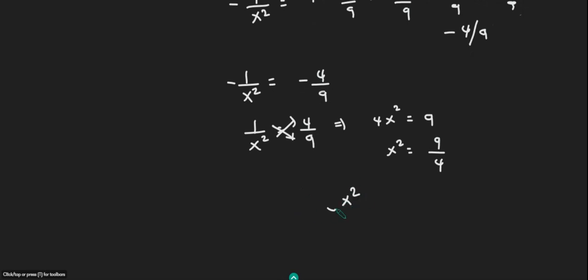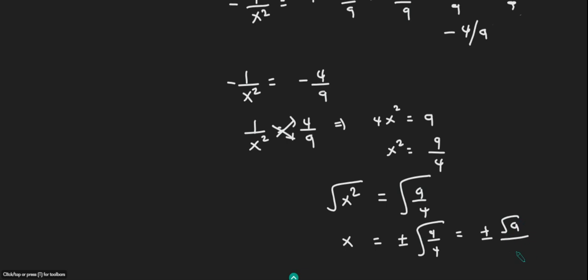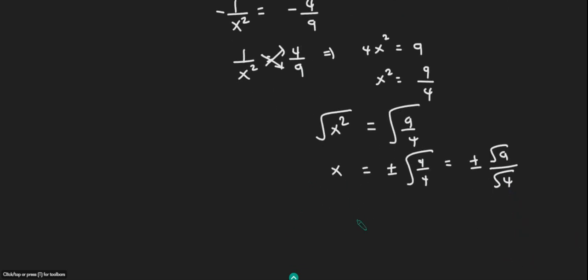So when we do that, we get x on the left side, and this equals plus or minus square root of 9 fourths. And this equals plus minus square root 9 divided by square root 4. And so we get x equals plus or minus, square root of 9 is 3 and square root of 4 is 2. So we get x equals plus or minus 3 over 2.